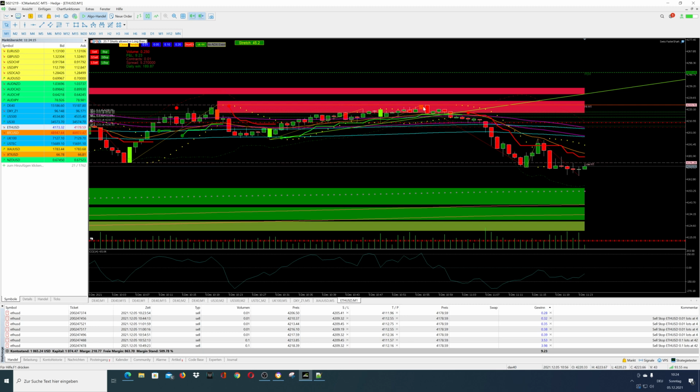I have here the Zigzag indicator. This shows you if you have a trend. If you have lower highs, here's the first high, the second high. Here there should be the third high. If it is lower than this one, it's still a trend, a downtrend.